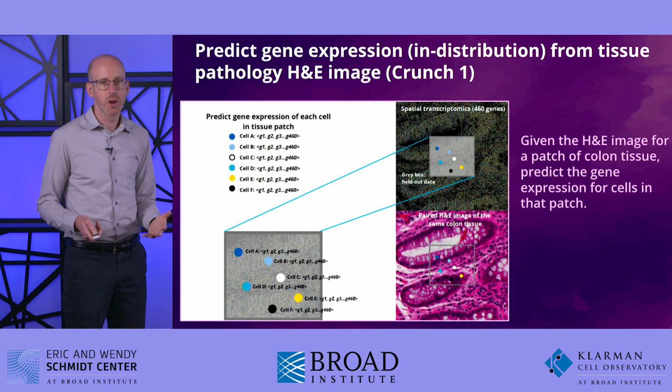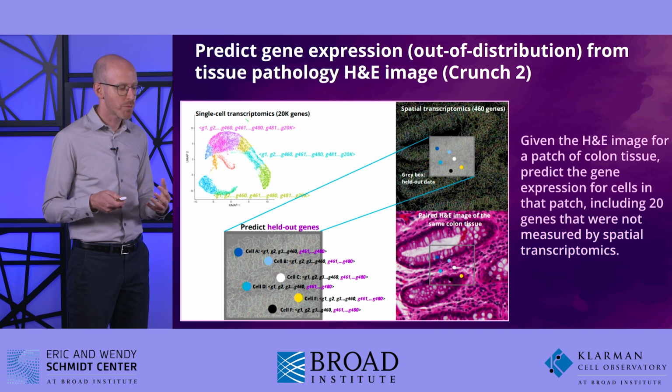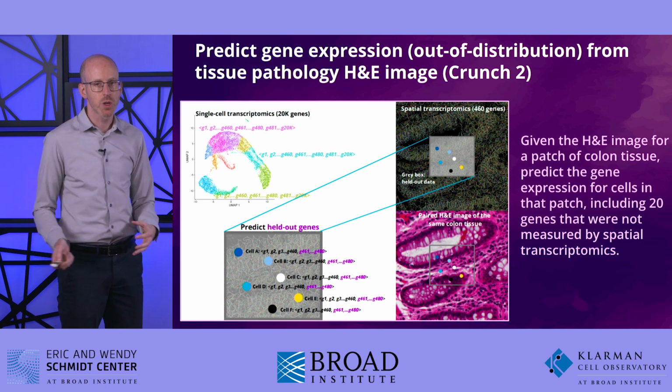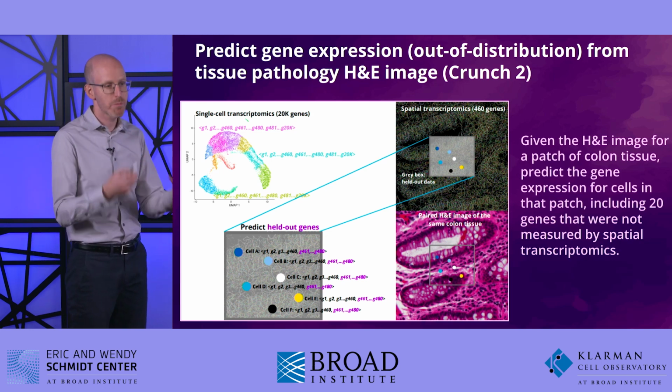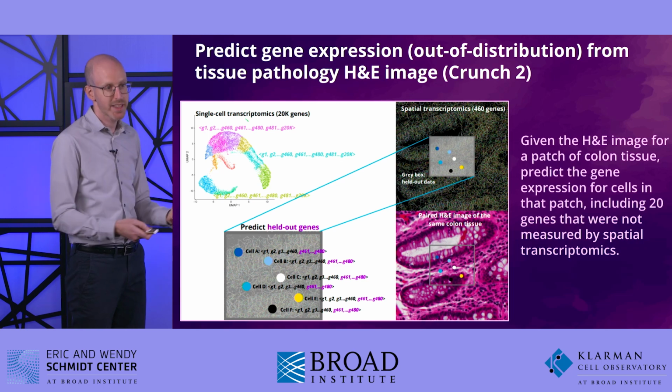The second crunch, we make things more difficult for you in that we are going to ask you to predict the gene expression for genes that were never measured by the spatial transcriptomics experiment. So we've chosen 20 genes that were not measured by spatial transcriptomics, and we are going to ask you to predict their expression.